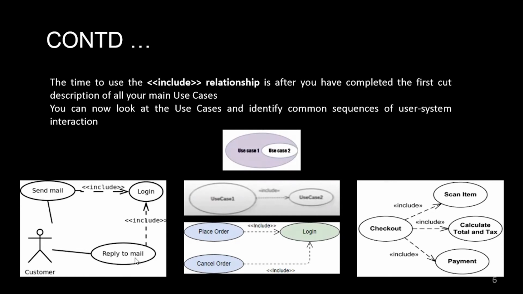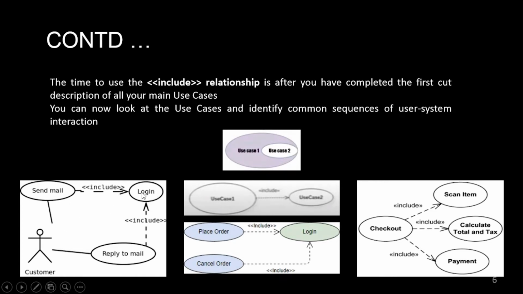So instead of having an individual part of code for each functionality, we can have this common behavior, and we have represented it with this login use case. So send email, reply to email, forward email, all of these include this login use case.